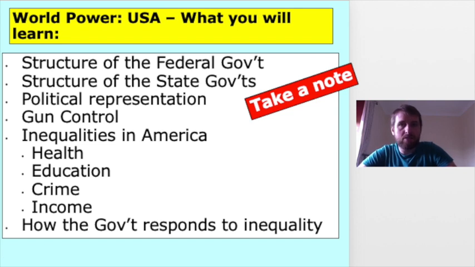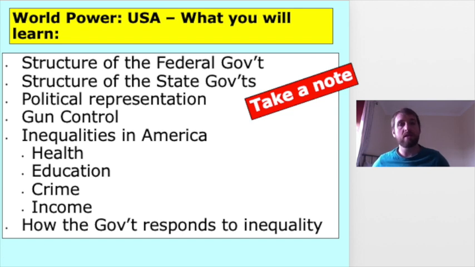Education systems, how does it change based on where you live versus how much money you make, things like that. Crime rate, basically are you more or less likely to commit a crime based on where you're from and how much money you have and different things like that, as well as we're going to talk about inequalities in income. It gets into a lot of different things regarding race and ethnic makeup and location and money and all the different things that go into that.